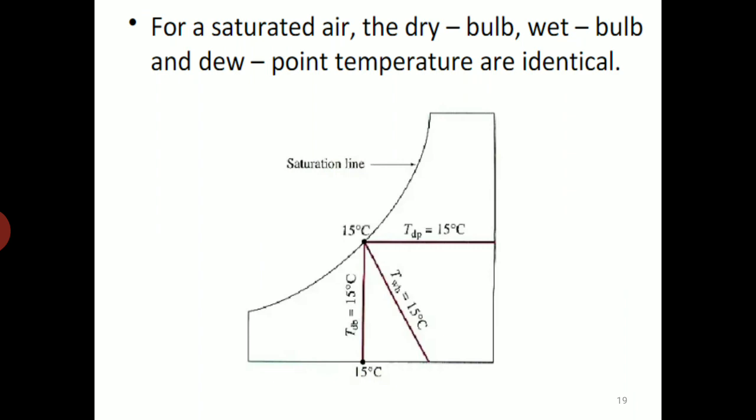Whatever values are obtained, suppose 15 degrees Celsius, the same thing will be obtained on the saturation curve, that is the wet bulb temperature, 15 degrees Celsius. Which means for saturated air, all these three values will be the same.